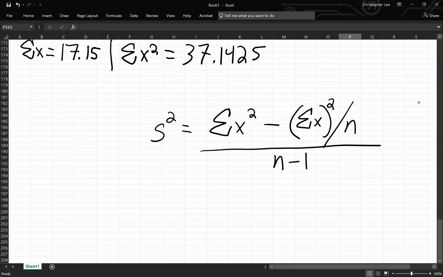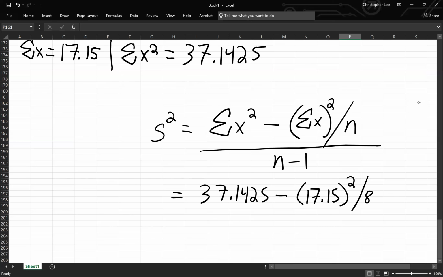This is on your formula sheet, by the way. All you have to do is plug in the numbers. So this is going to be 37.1425 minus, open parentheses, 17.15 squared divided by how many numbers did we have? 8, right? And then on the bottom now, we have 7, which is 8 minus 1. And then after that, little calculator, pop, pop, pop, and that's it.